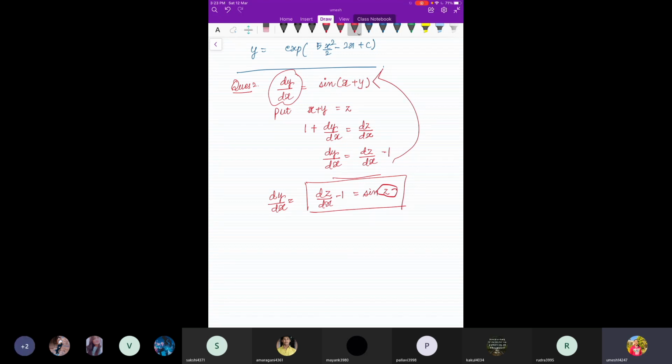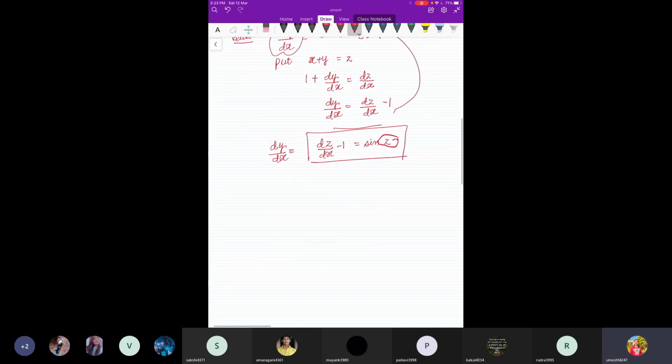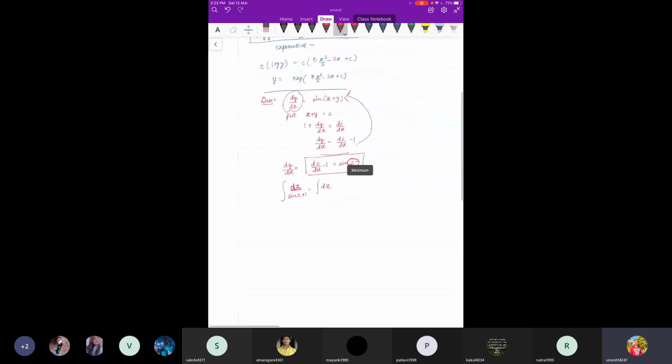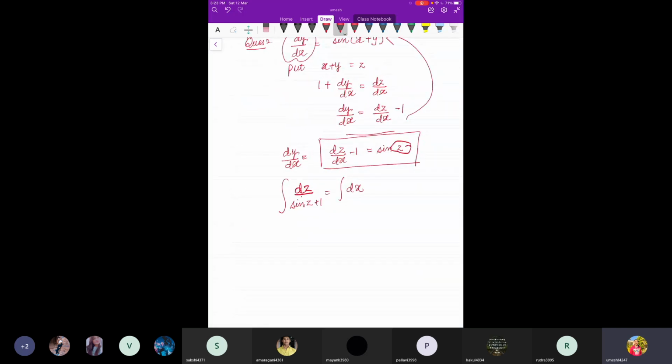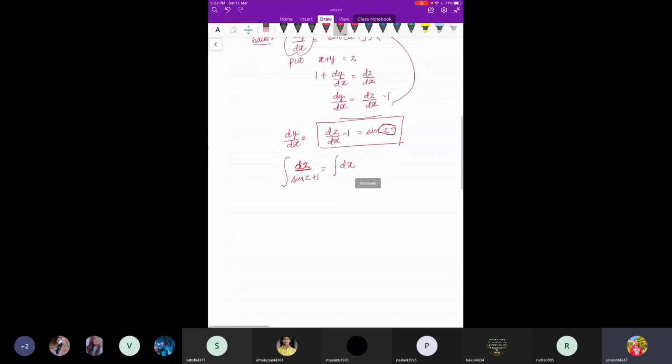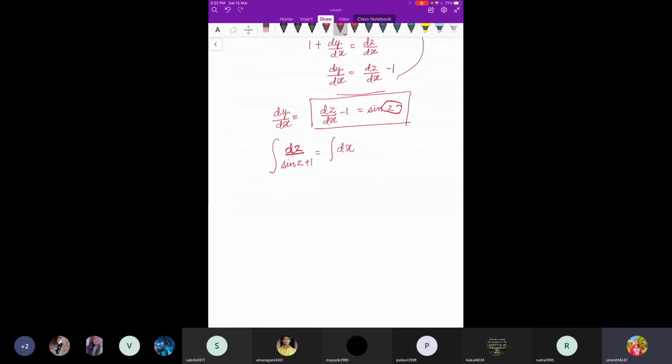We bring z to this side, and the equation will be in the form dz by (sine z plus 1) is equal to dx. We just have to integrate it. This is a super simple question which was in the year 2018 in the MP1 paper, and I hope now you have some idea and will be able to solve it.